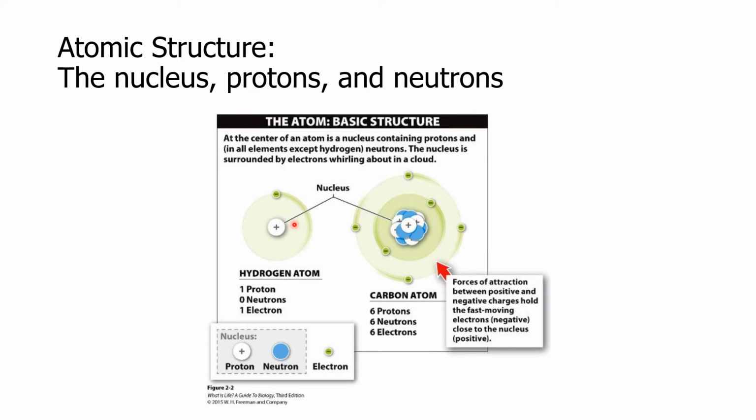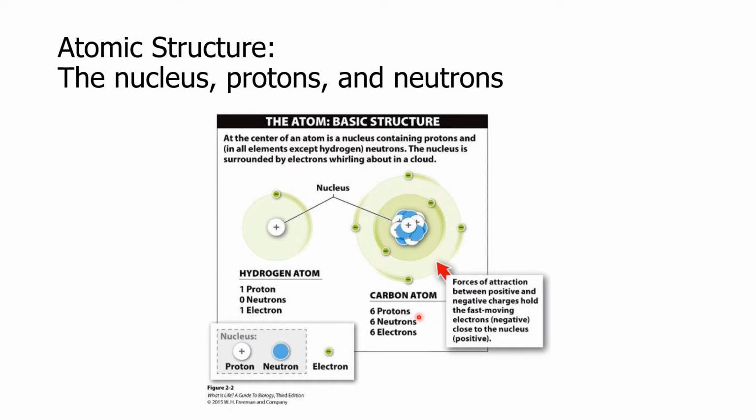So an atom would look something like this. In the middle, there would be the nucleus, and within the nucleus, you would have the protons and the neutrons. Surrounding the nucleus, we refer to them as the orbitals or the electron shells. This is where you would have the electrons circulating the nucleus in this fashion.